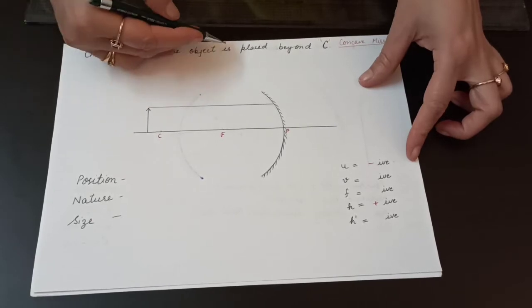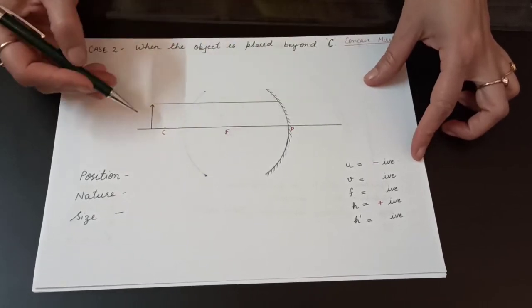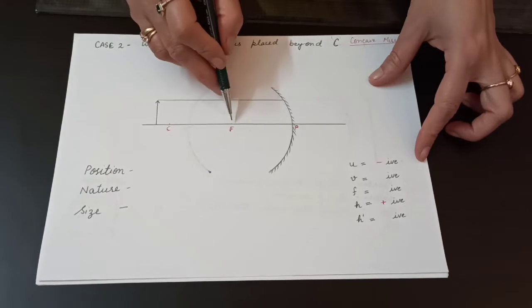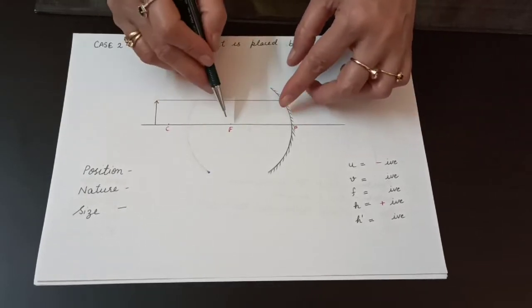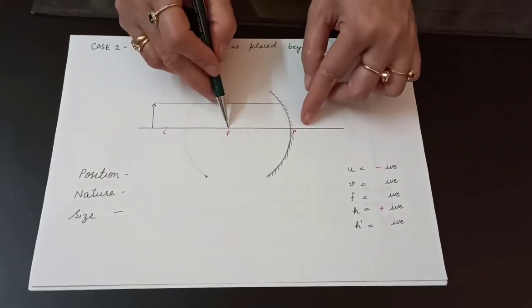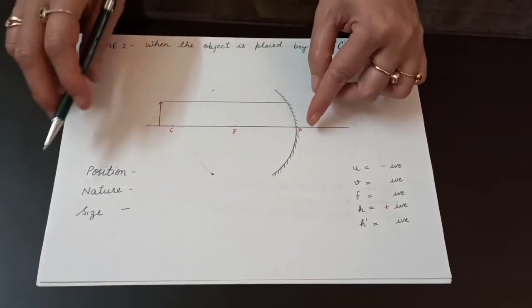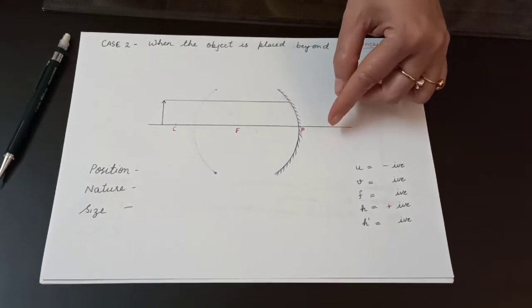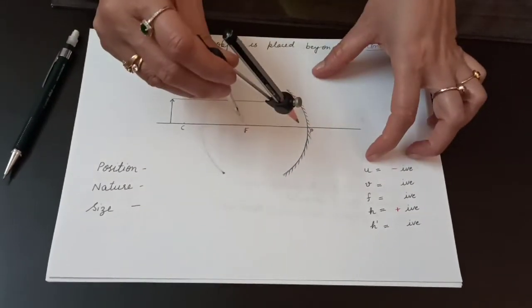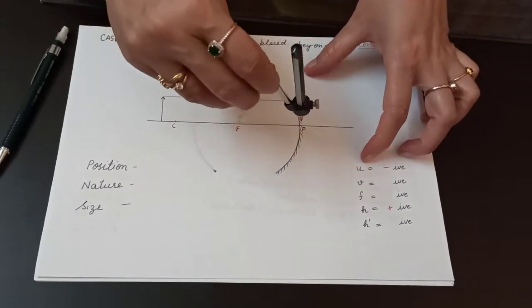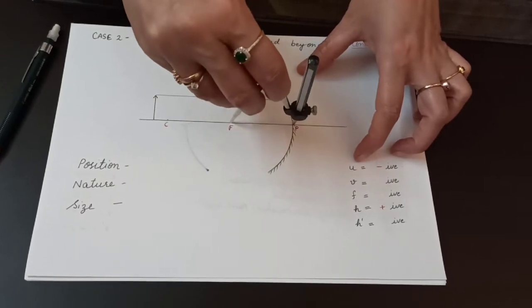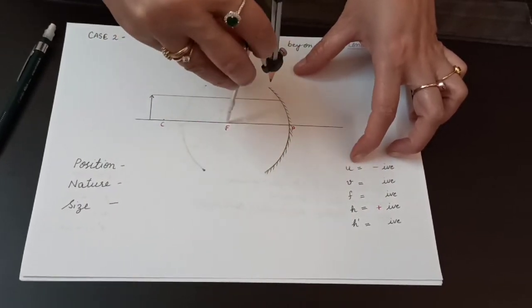The second case we take, when the object is placed beyond C. Now what is C? F you know. C and F has a relation. When we draw a mirror, we should always take some distance or measurement in it and draw an arc.